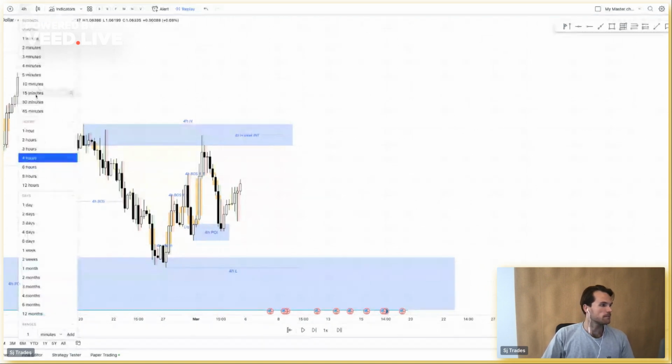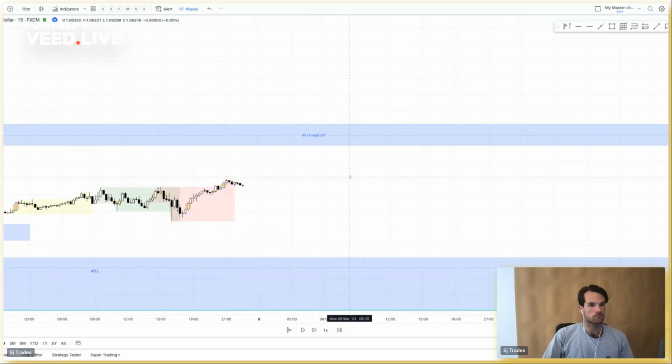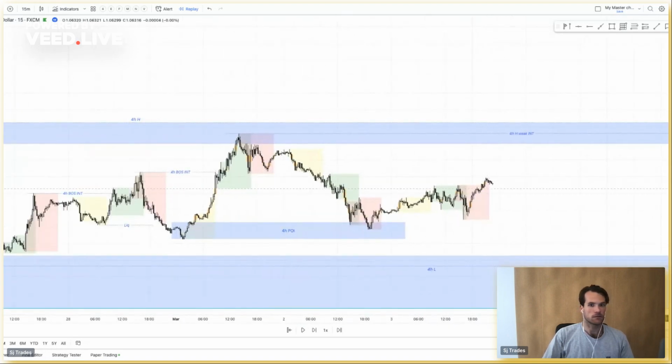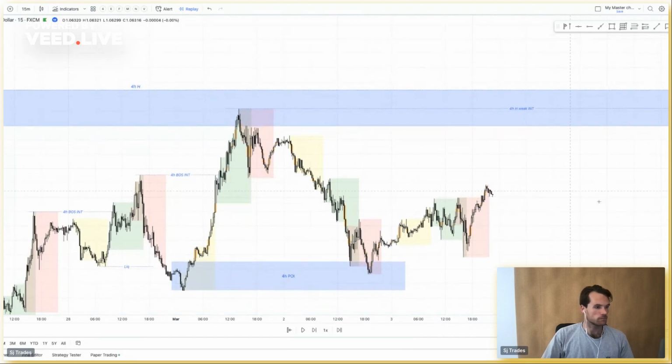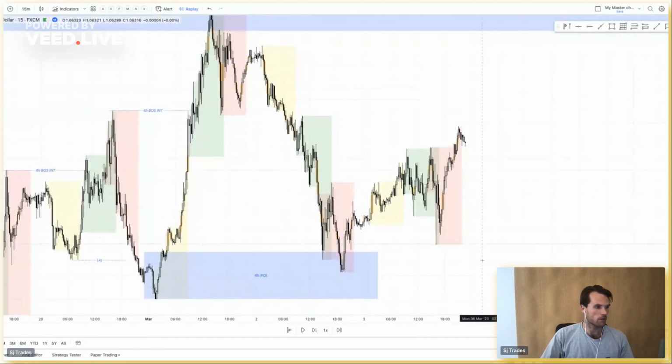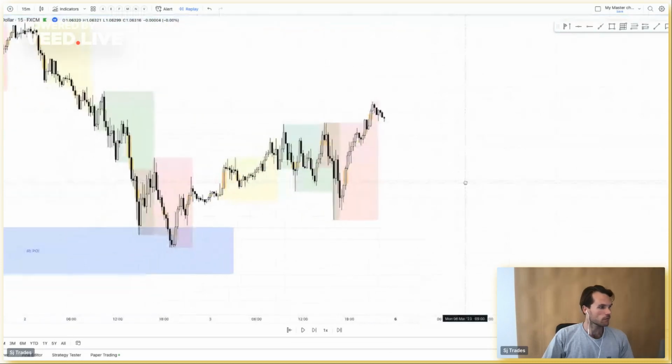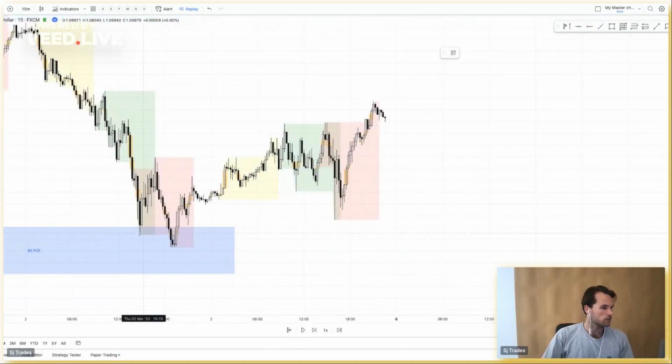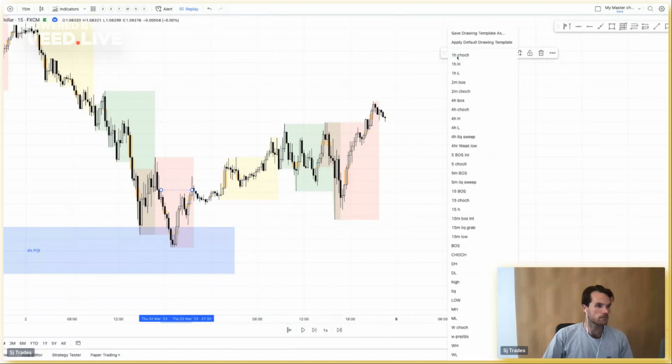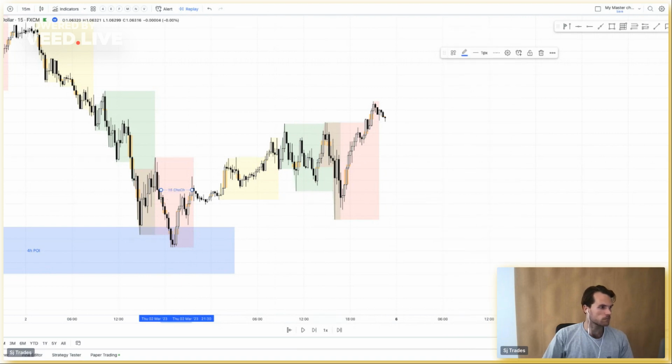Okay, now let's go on the 15. Break of structure. And we had, oh no, here it was, we had our chalk, and we had the break of structure.